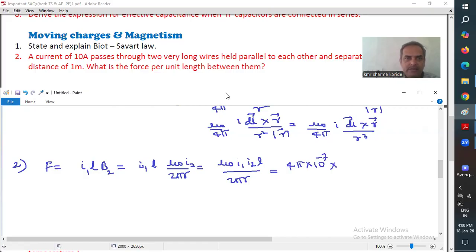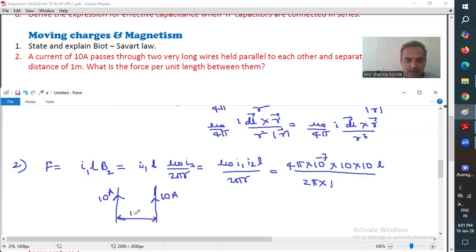In the question I1 is given 10, I2 is also 10, then L divided by 2 into pi. Distance between the two conductors is 1 meter. So you can understand that this is the first conductor, this is the second conductor. Both are carrying 10 amperes of current, and the separation between these two conductors is 1 meter.